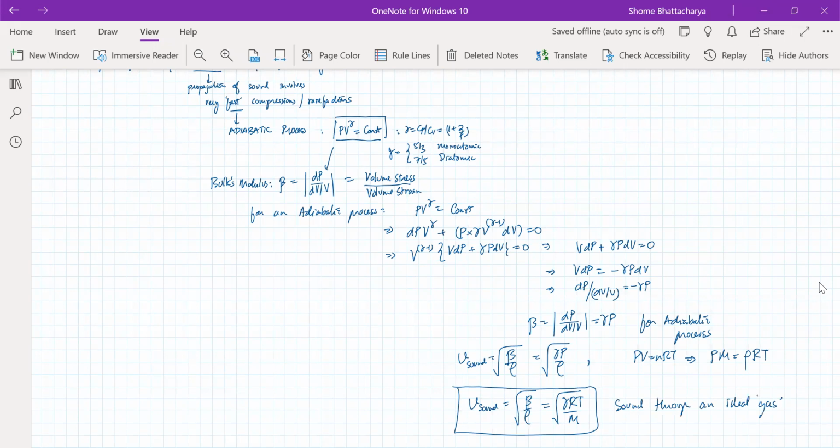And this formula theoretically gives us the correct value of speed of sound through atmospheric air at room temperature compared to the measured value experimentally. So it is accepted as the successful hypothesis which agrees with the experimental value.